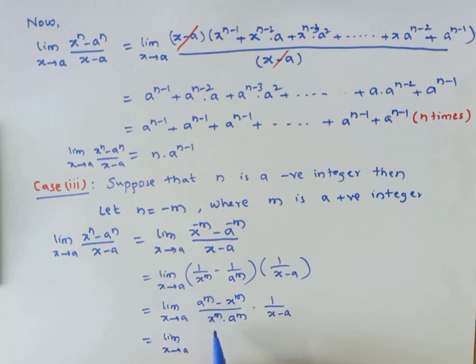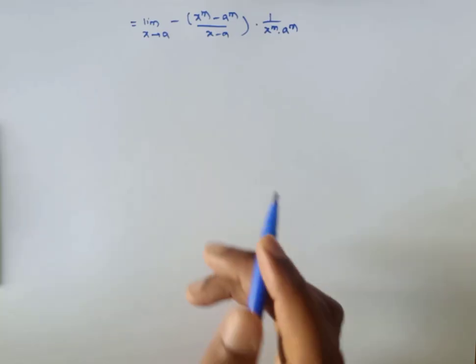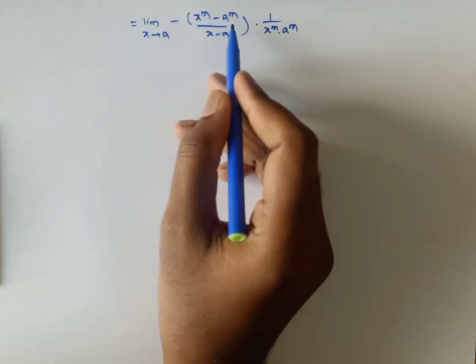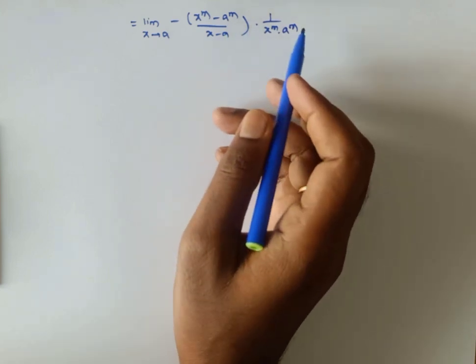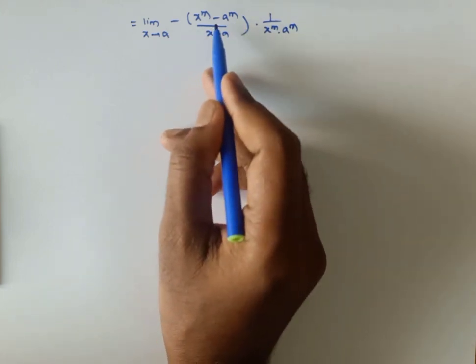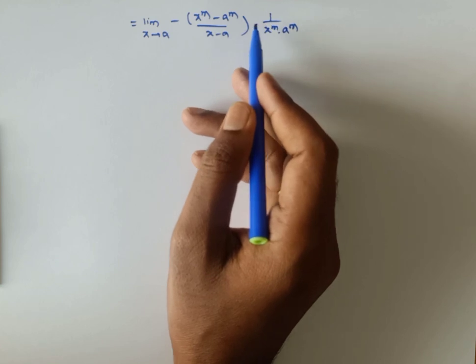Let us take minus common from this, so minus of (x to the power of m minus a to the power of m) by (x minus a), into 1 by x to the power of m into a to the power of m. Now the limit is in f of x into g of x form, so that we can apply the limit for both f and g individually.